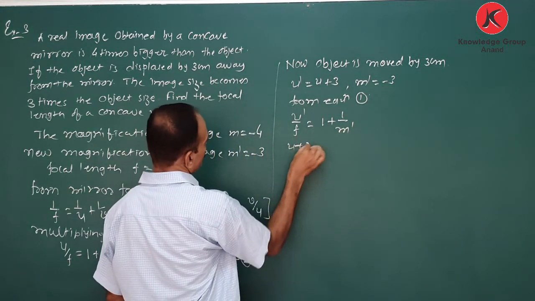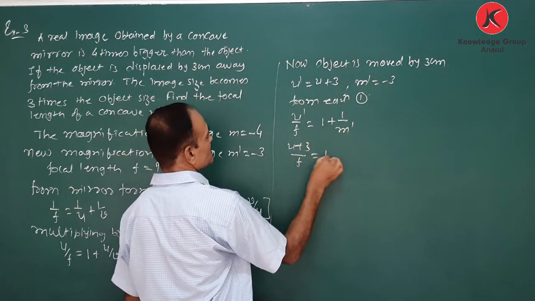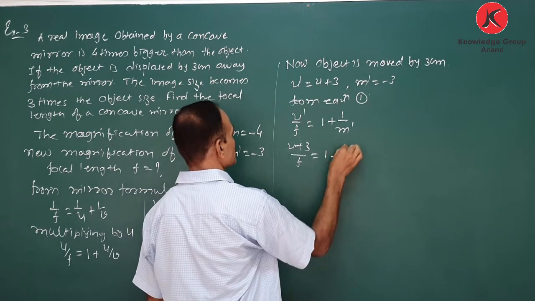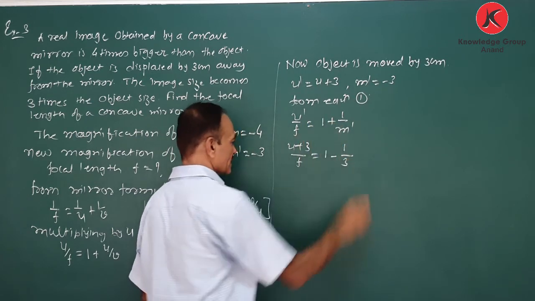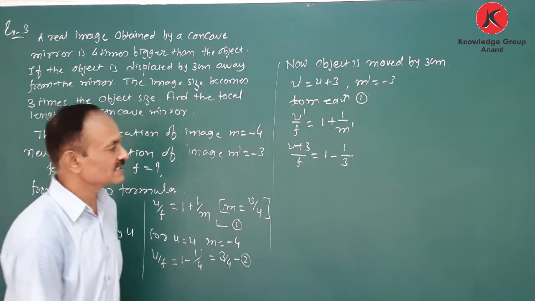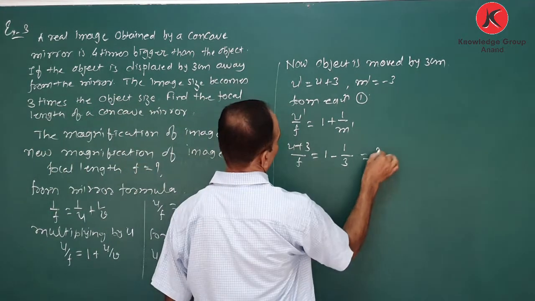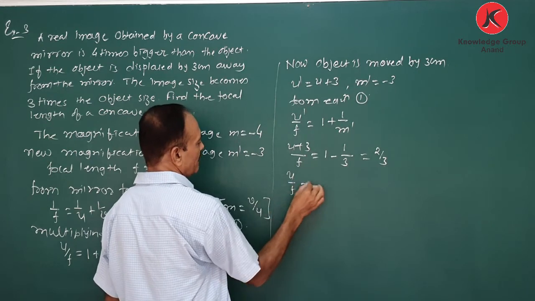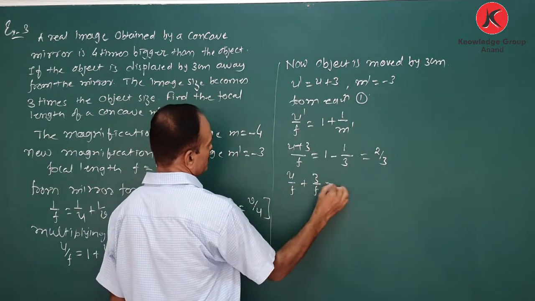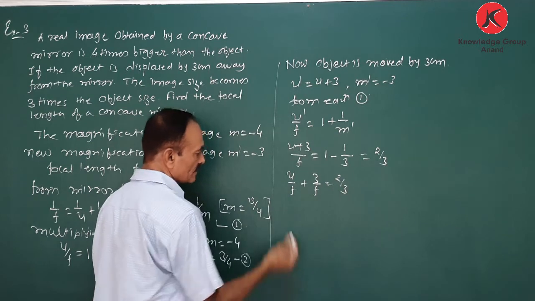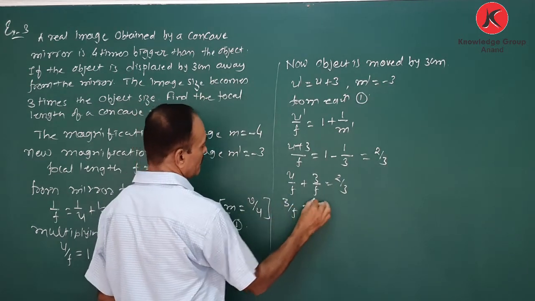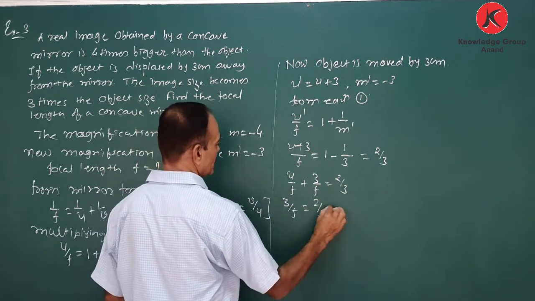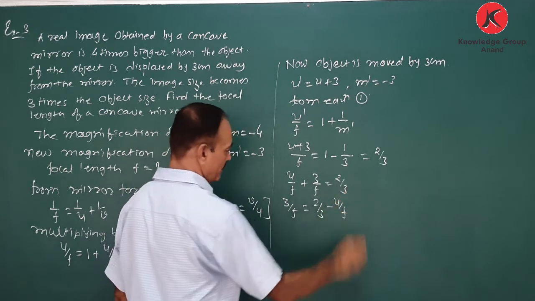So u plus 3 upon f is equal to 1 minus 1 upon m dash. M dash is 3, so it's equal to 2 by 3. Here, u upon f plus 3 by f is equal to 2 by 3. Therefore 3 by f is equal to 2 by 3 minus u upon f.